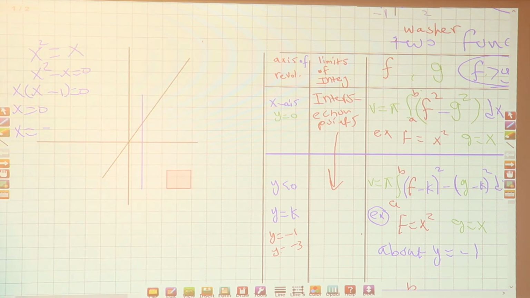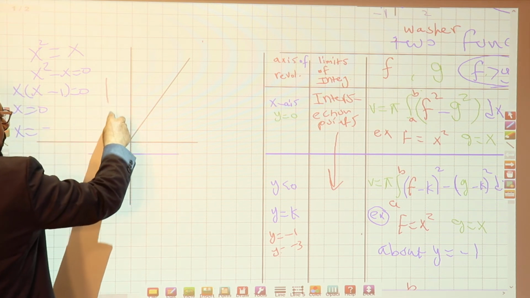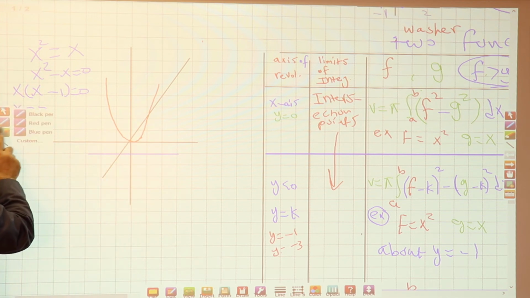And my line of revolution, x equals what? x equals -1 here, right? And the other function here, red, and the area is the same.